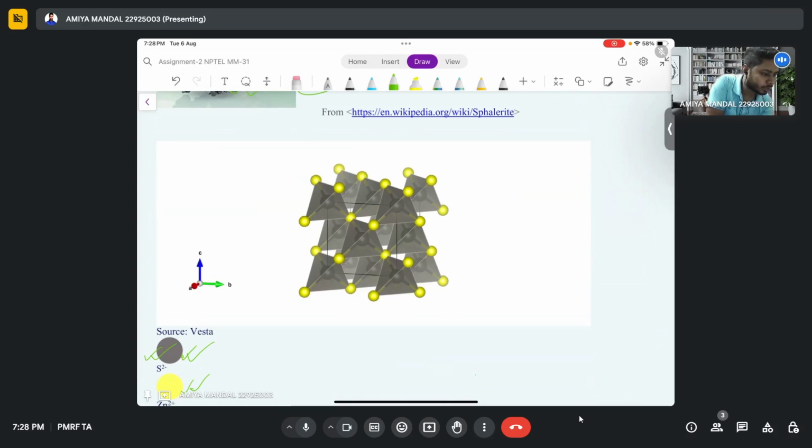You can see the unit cell here. These are the sulfide ions at its corners. At each corner, it is a sulfide ion.